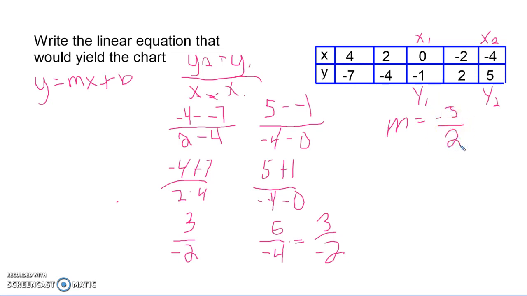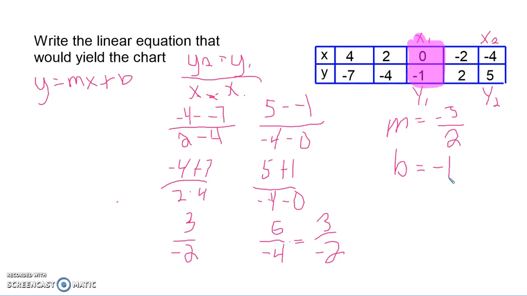Now we still need to find our b, which is our y-intercept. Remember that the y-intercept is anywhere x equals 0. We lucked out with this chart, because we actually have a place where x equals 0 right here. When x equals 0, y equals -1, which means that our y-intercept, b, is equal to -1.